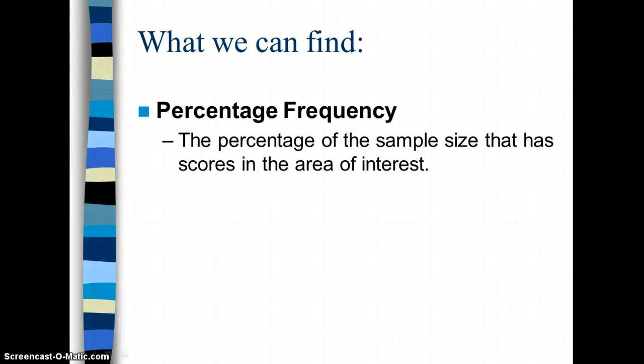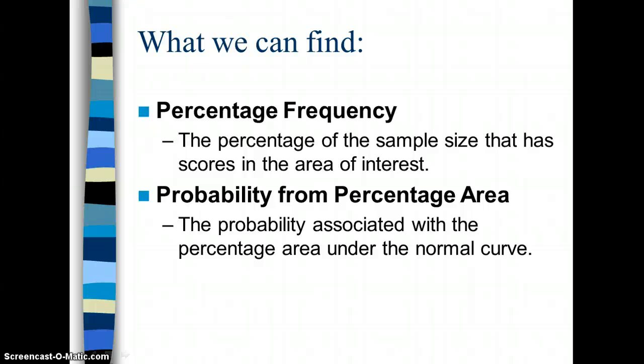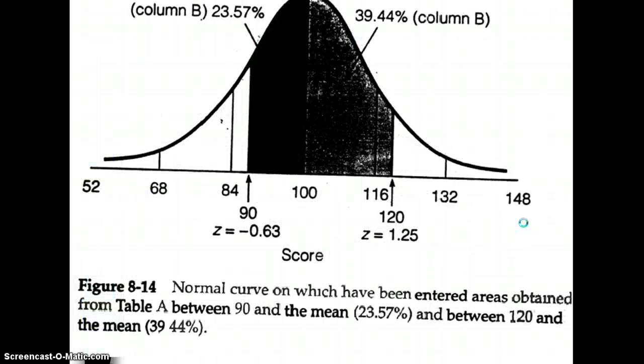We can find percentage frequency. That's the percentage of the sample size that has scores in the area of interest. We can find the probability from that percentage area, which is the probability associated with the percentage area under the normal curve. Right? So we can say, all right, we have a score of 90 and a score of 120.